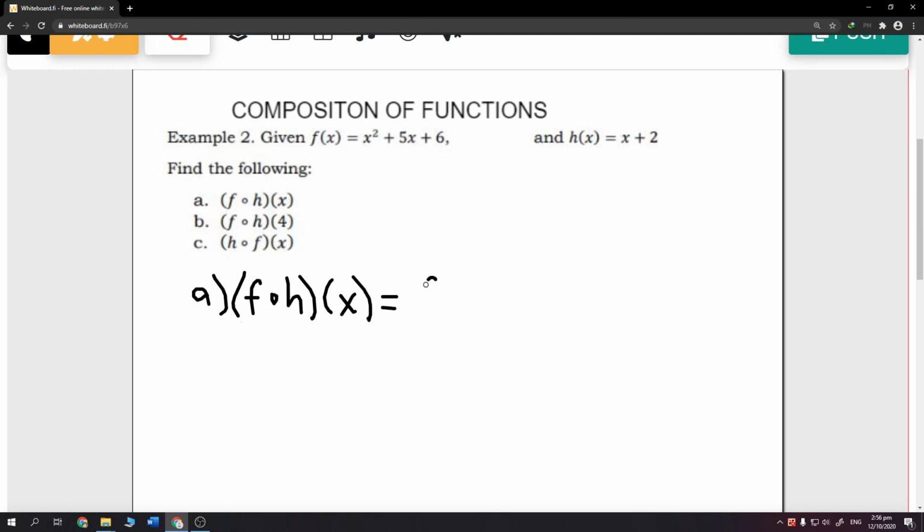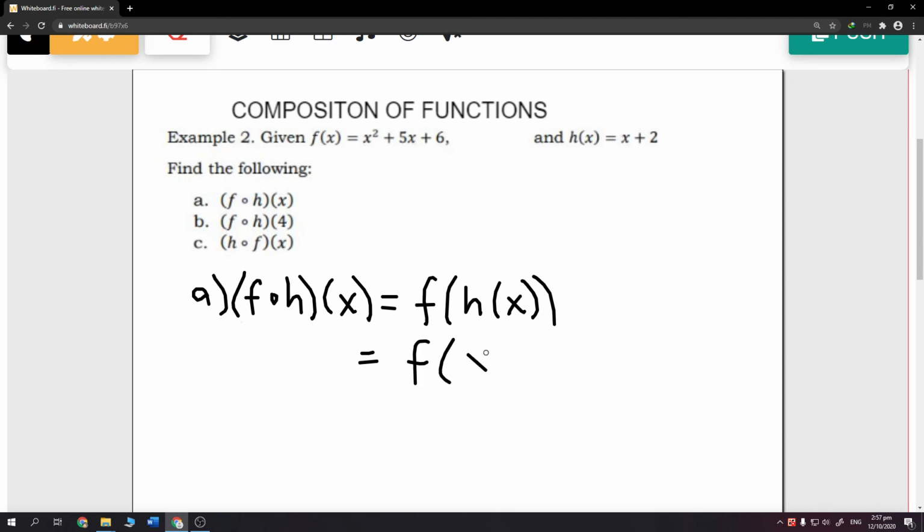So that means h of x is equal to x plus 2.